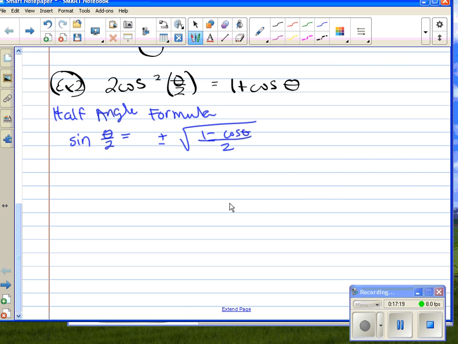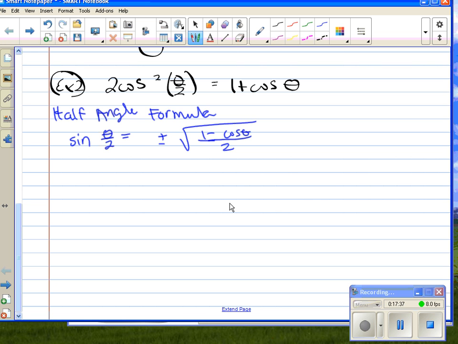That's nasty. Yep. That's nasty. Now the plus or minus thing is going to play a bigger part when we start solving trigonometric equations.